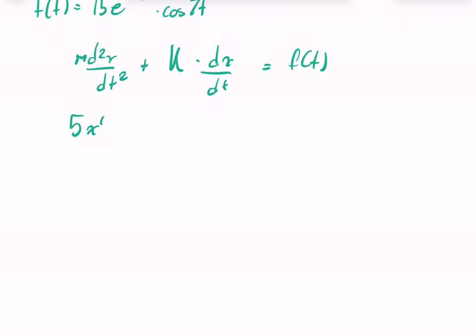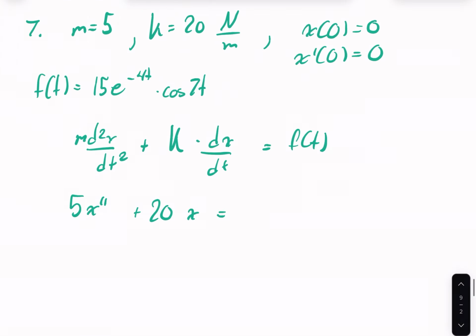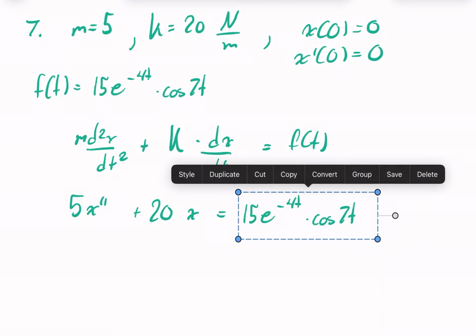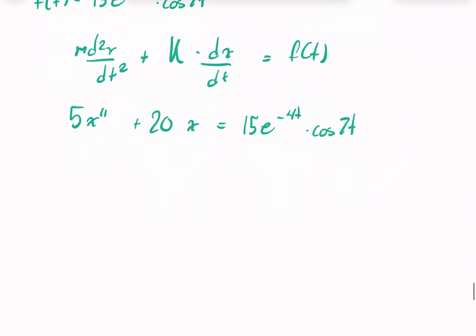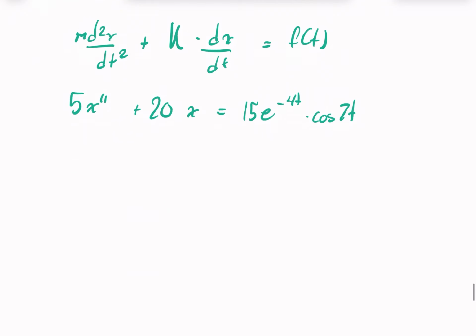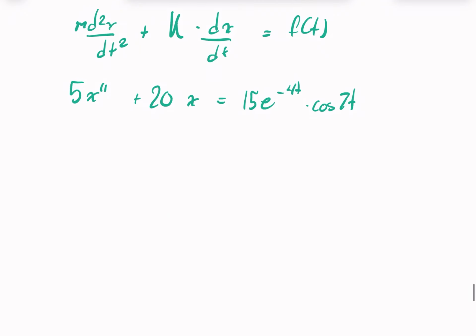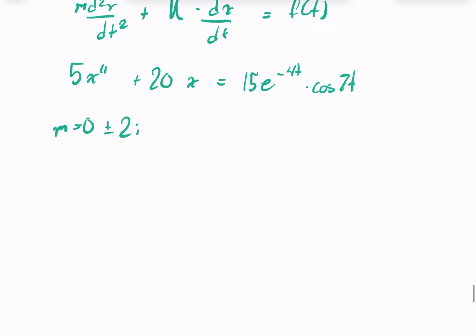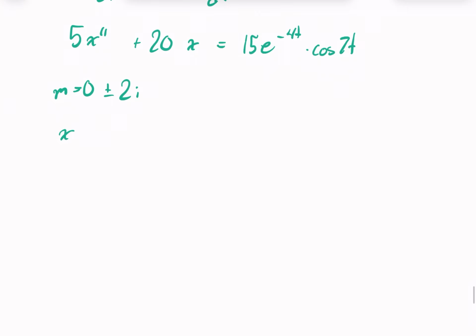So 5x double prime plus 20x equals, and I'm going to copy and paste this. Cool. And so skipping a little bit, you zero off, you solve for your m value, and you'll get m equals plus or minus 2i. So we have no real part to this. And so our complementary solution is c1 cos 2t plus c2 sine 2t.